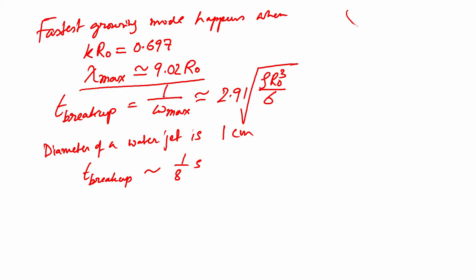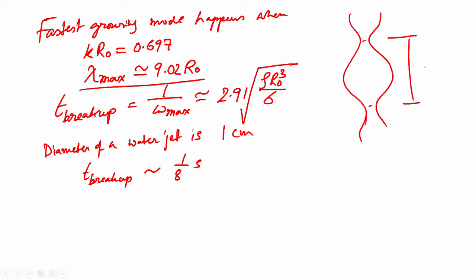So what is happening is that you are creating this, say this is the largest perturbation that is happening on your liquid jet. Now where will it pinch off? It will pinch off at this point. So essentially whatever volume of liquid is contained in this lambda will become a droplet.